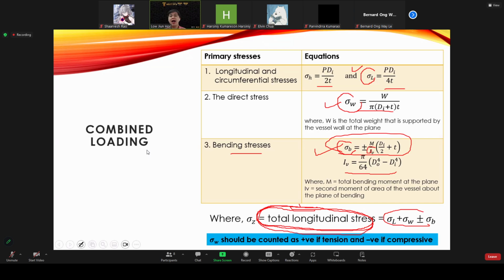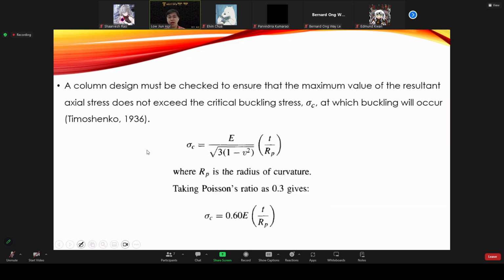So based on the total longitudinal stress here, it allows us to identify whether the design of our tower is stable or not. How to calculate the total longitudinal stress? By adding up the values here, here, and here together. Later I will discuss this in further detail by using the question in our tomorrow tutorial.